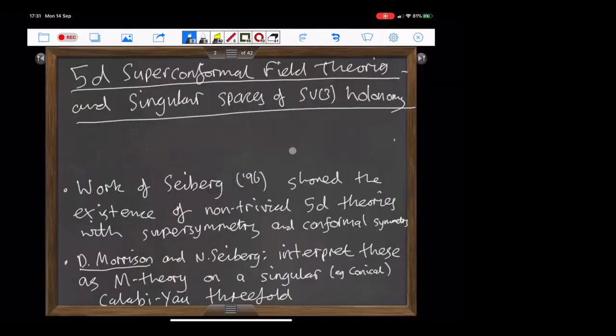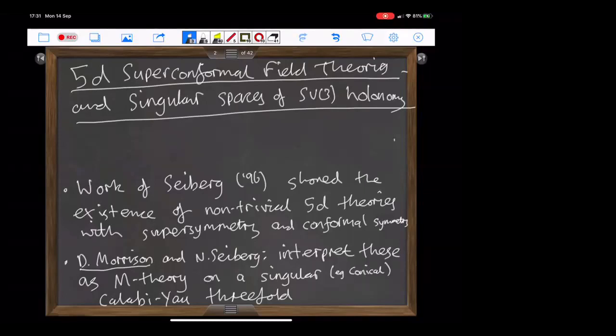So there's a strong connection between Calabi-Yau threefolds with certain kinds of codimension 6 singularities, like, for example, conical singularities, and 5-dimensional superconformal field theories.